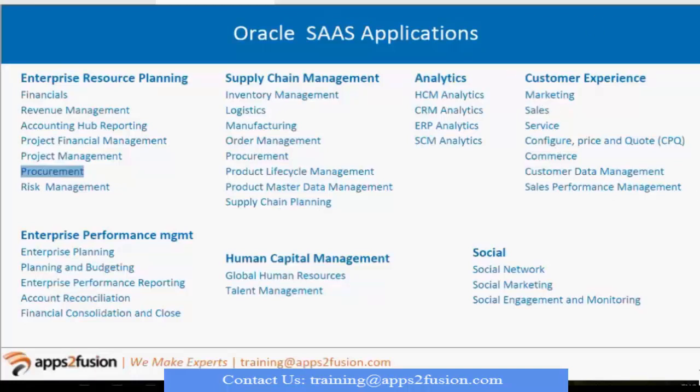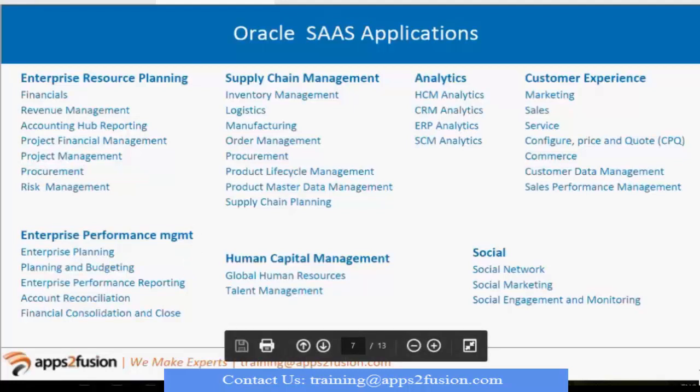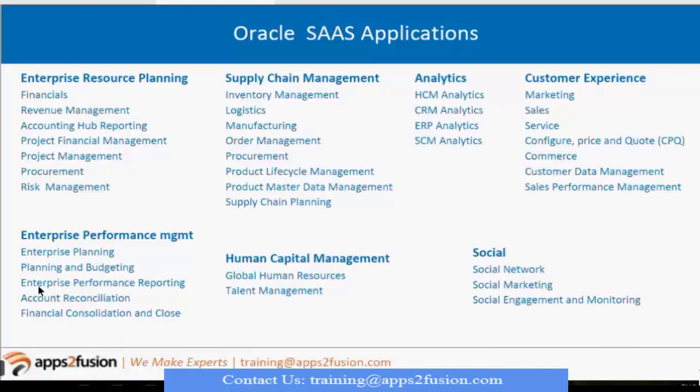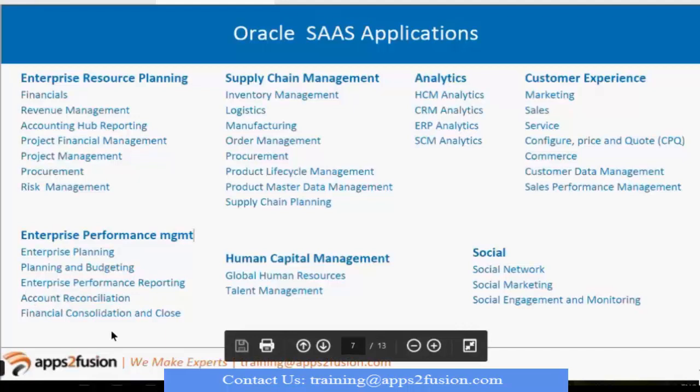Then you have CX, CRM side, now it is called CX, customer experience, and you have sales cloud, service, CPQ, configure, price and quote, commerce cloud, all these things are available. And EPM side, like we had Hyperion suite of products like Hyperion Financial Management and others. So similarly on cloud, you have enterprise planning or planning and budgeting cloud service, PBCS, enterprise performance reporting, accounting reconciliation, financial consolidation, FCCS.